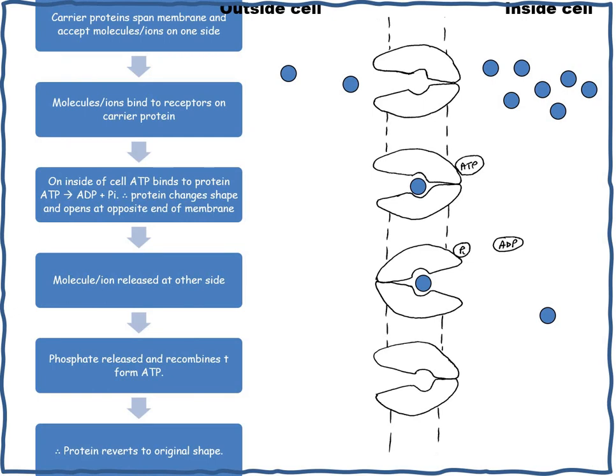So the process involved in simple active transport is that you have these carrier proteins which span the membrane, and they will accept molecules on one side.